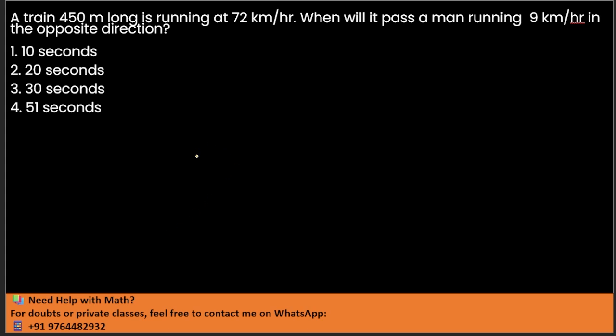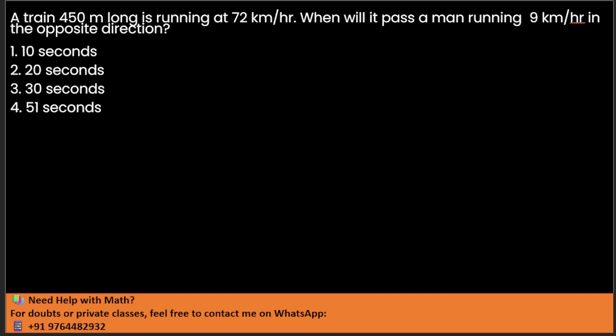Now this question you can pause the video and try to solve. So we have the question, that is a train 450-meter long is running at 72 kilometer per hour, and again the time has been asked, that when will it pass a man running 9 kilometer per hour in the opposite direction.